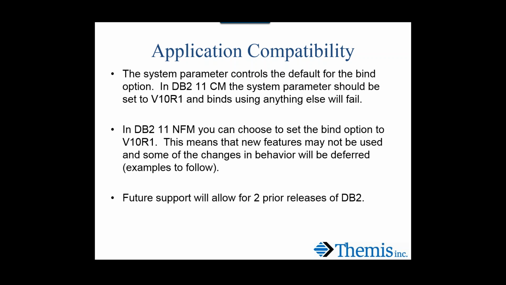Future releases of DB2, they're telling us, will allow for 2 levels back. So you have 2 releases to get rid of your incompatibilities. So theoretically, if the next release of DB2 is called version 12, version 10 would still be allowed as an option. But when you go to the next one beyond that, then version 10 support is going to go away. So you have a couple of releases to get rid of your version 10 incompatibilities.